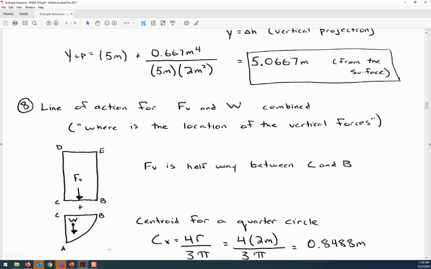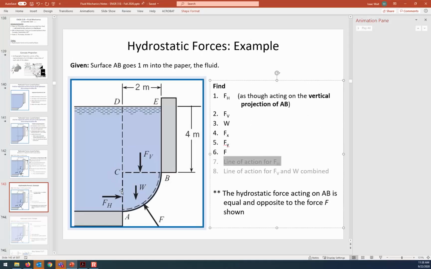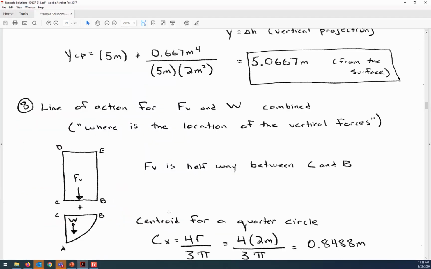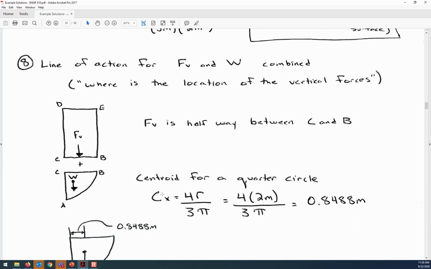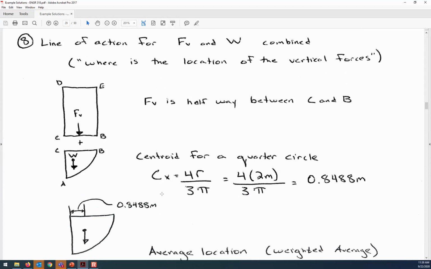And so the radius that it's talking about is the 2 meter radius that's defined. The distance between C and B is also the distance from C to A. So r, the radius of curvature, is 2 meters, and that's the 2 meters that we put into this formula for the centroid. And always try, when you substitute numbers into an equation, ask yourself, is it reasonable? Does it make physical sense? The distance that this is describing, 0.8488, is the distance from the left edge out to the center.